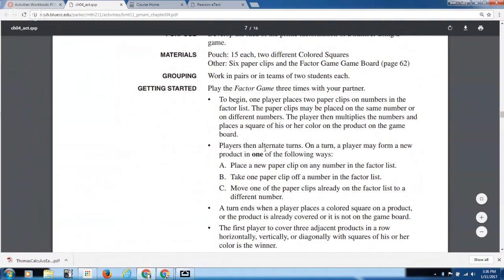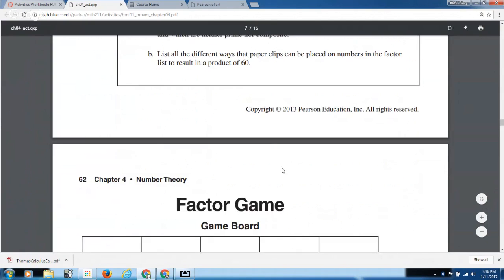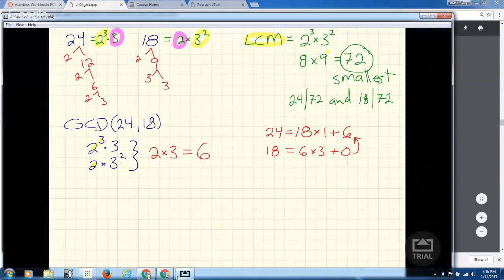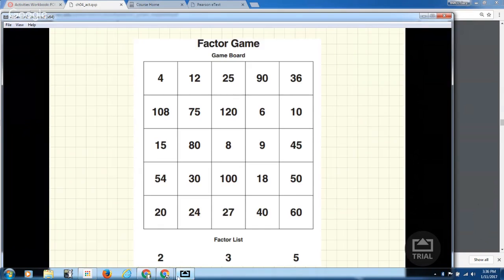And the way it works is on any particular turn, a player either puts down a new paper clip, takes a paper clip off the list, or moves a paper clip. And then you take turns doing that. And the whole point of it is to try and get places on the board. Okay, so here is that right here.